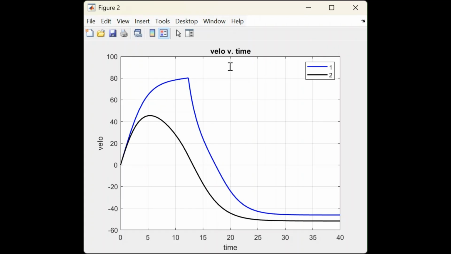So as you can see in our velocity versus time, our first strategy, we hit a peak velocity of around 80 meters per second. But with our second strategy, we hit about 45. So a little over half.